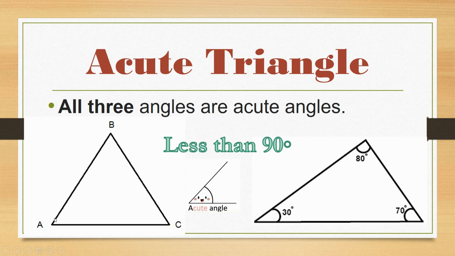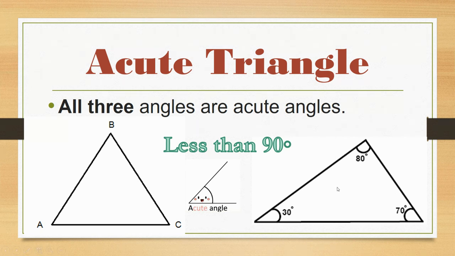So if you look at this triangle, there's A, B, and C. And the best way I like to remember an acute triangle or an acute angle is that it's a cute little angle. So kind of like a cute little baby. It's tiny, it's small. So if the angle is less than 90, less than that perfect little square, then it's called an acute little angle. Okay, it's a tiny one.